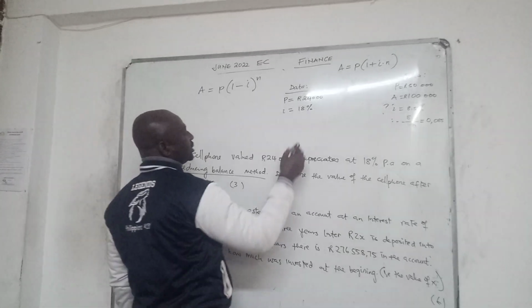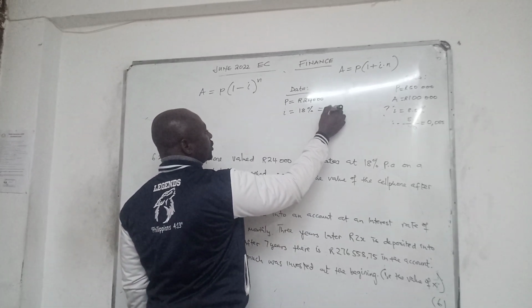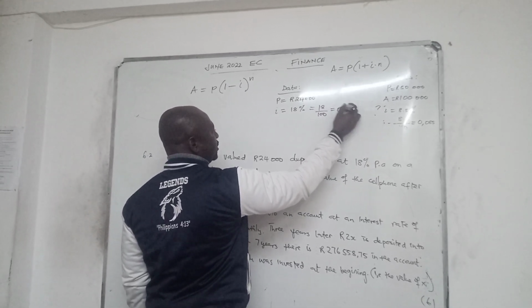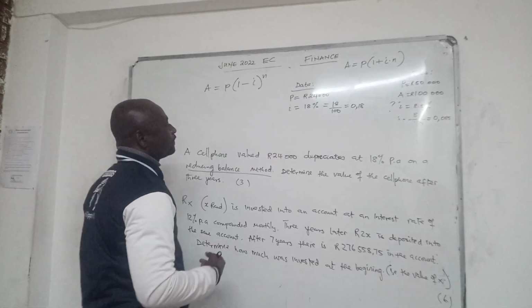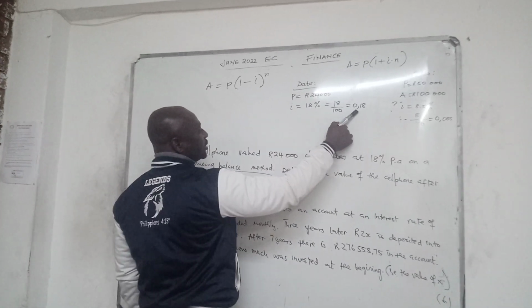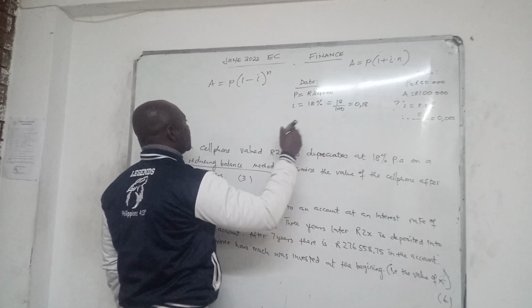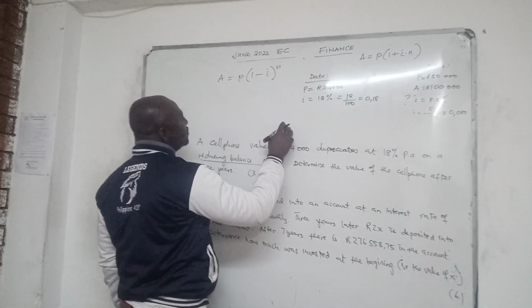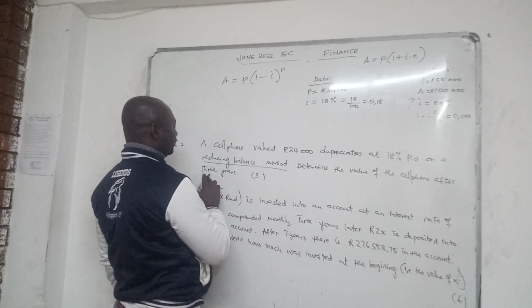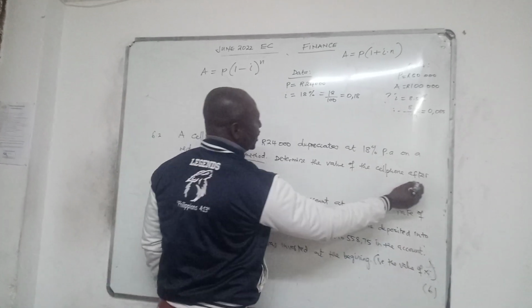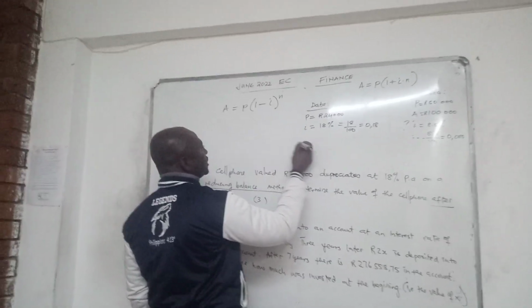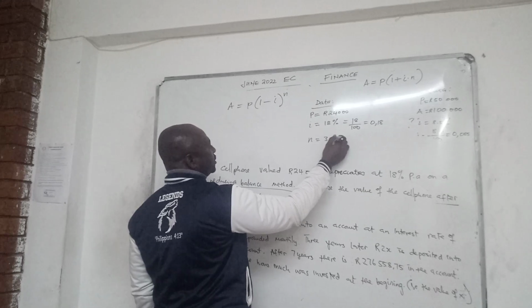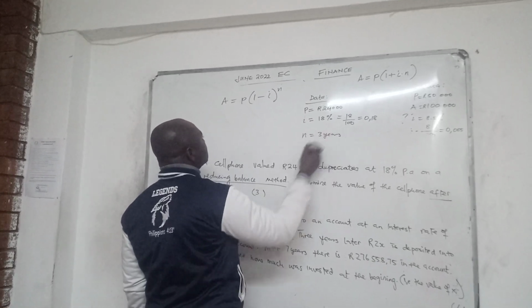So it's 18%. You have to change it into a decimal. 18 over 100 is 0,18. After the decimal point, we read digit after digit. And then after 3 years, so that means the period it lasted was 3 years. So our n is equal to 3 years.